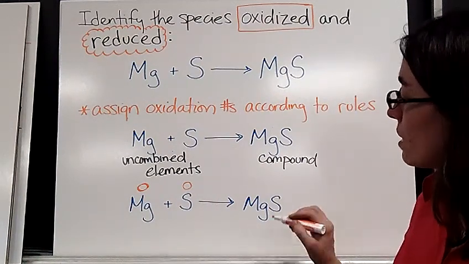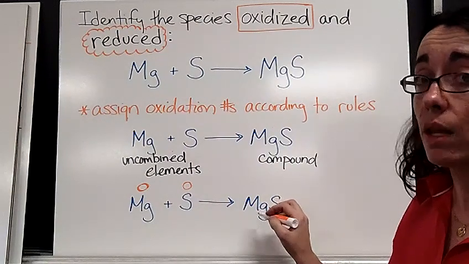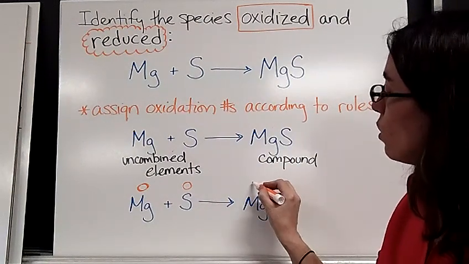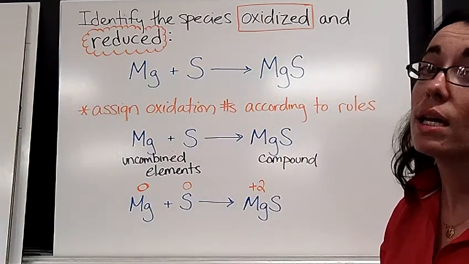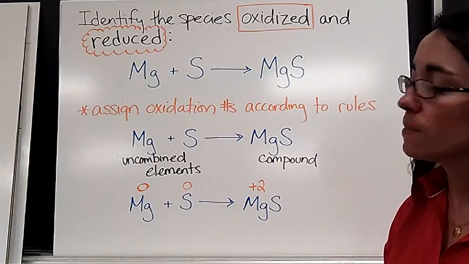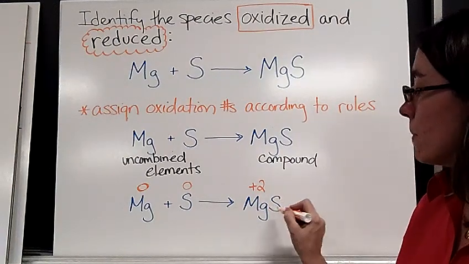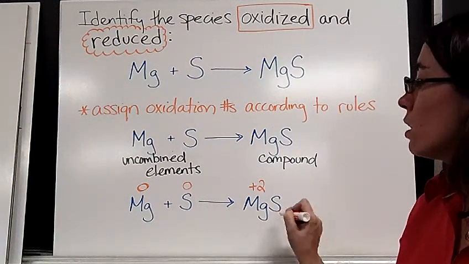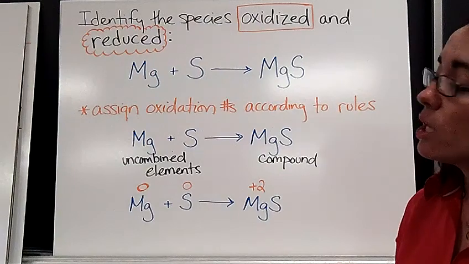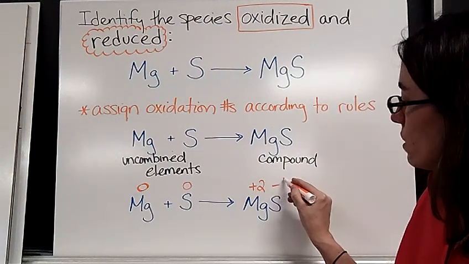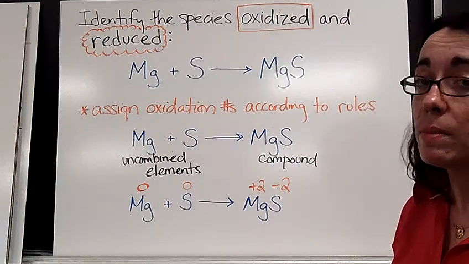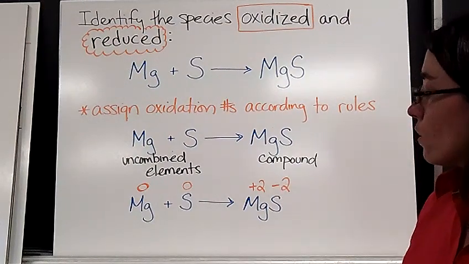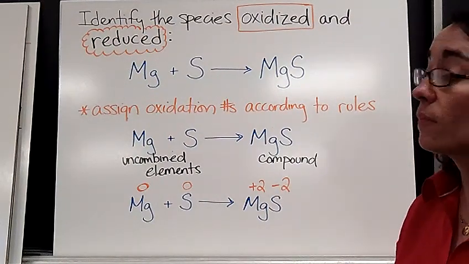One of the first things I can tell you is that magnesium in group 2 will always have a +2 charge if it is attached to something else. Because this must add up to 0 and there's one of each particle, you should be able to infer that this is going to be a -2. The oxidation numbers must always be a whole number, and in this case they're going to sum to 0.